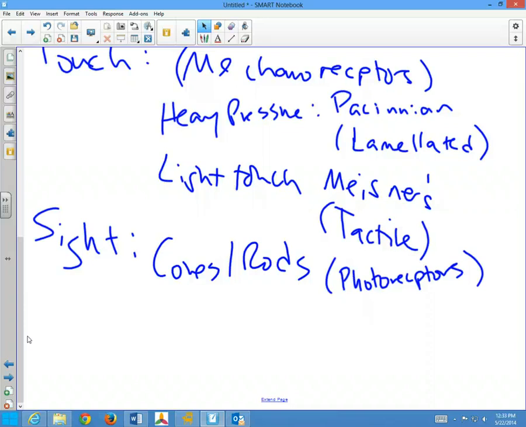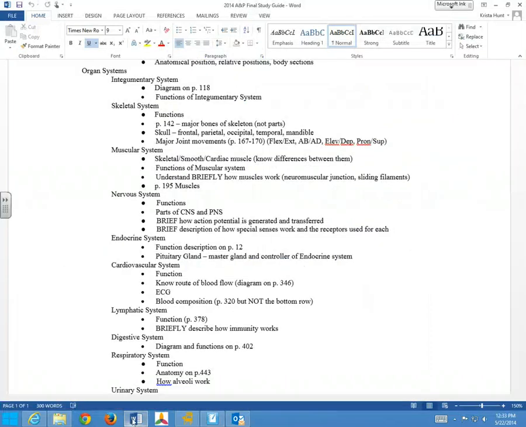Other questions? Can we go over skeletal muscles? It's on the muscular system. What about the muscular system are you asking? What's its main difference from the other ones? I know smooth doesn't have the striations.